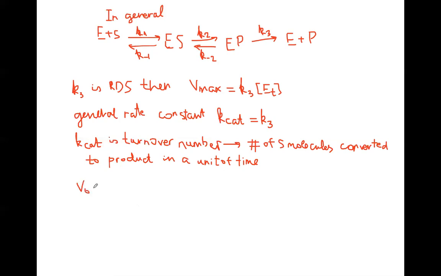Let's say V0 equals, instead of K2, we're gonna put Kcat, which is the general one, Kcat times enzyme total times substrate concentration over Km plus substrate concentration.